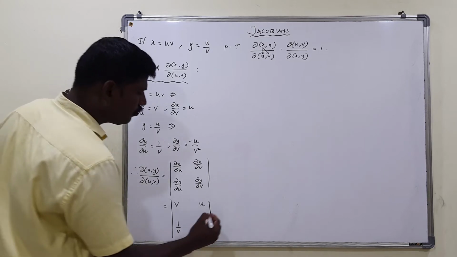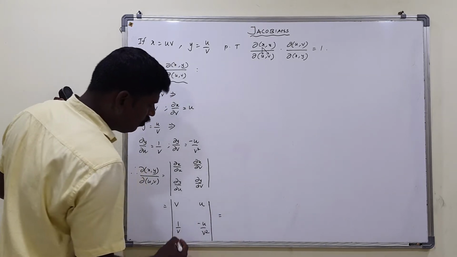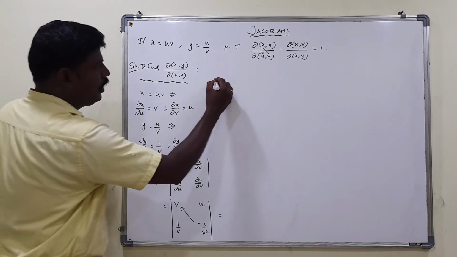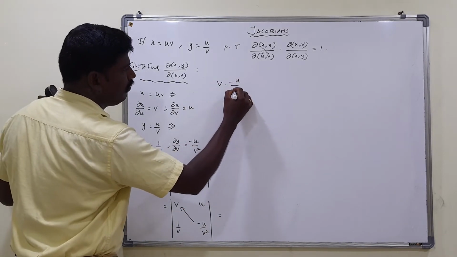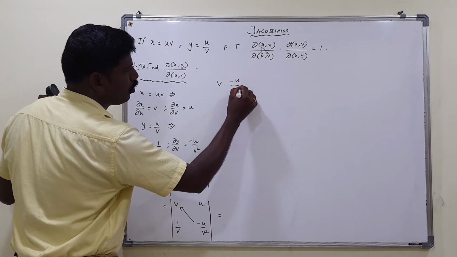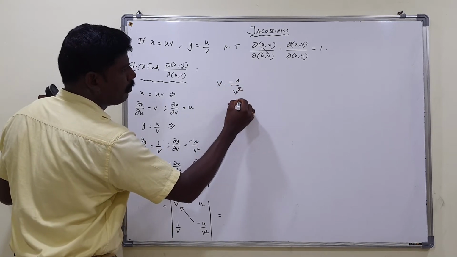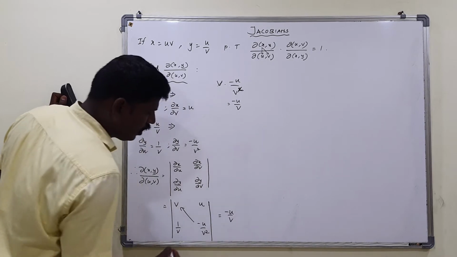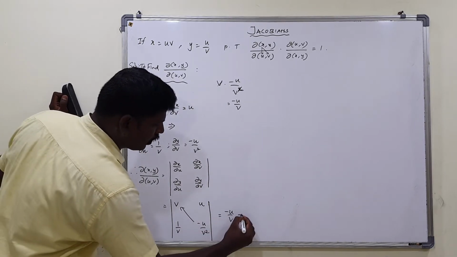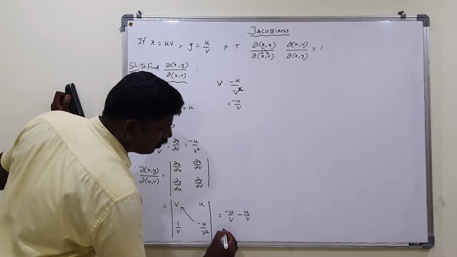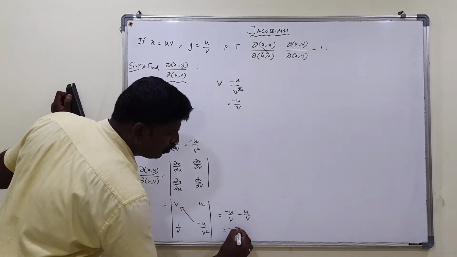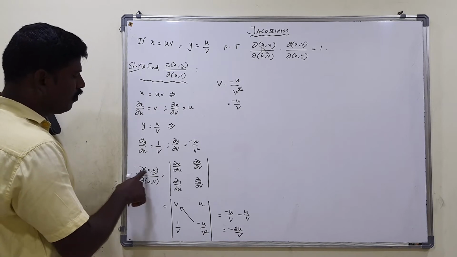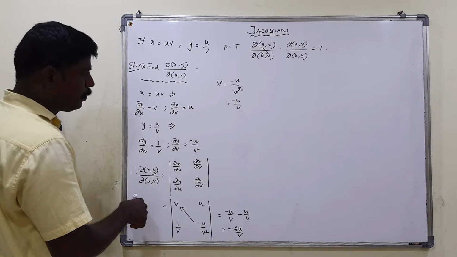Taking the determinant, take the product between these two: v into minus u by v square. The v's cancel, so you get minus u by v. Then take the product between these two, minus of u by v. That is equal to minus 2u by v. So this is the value of dou of x comma y with respect to u comma v.